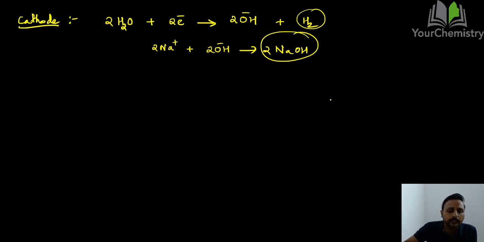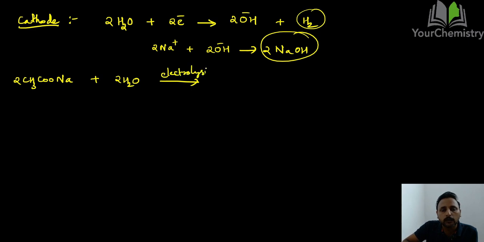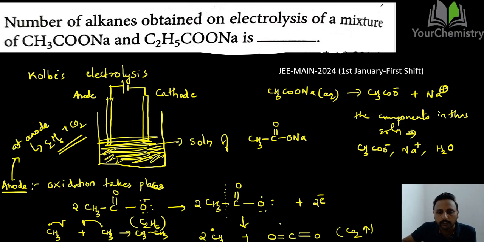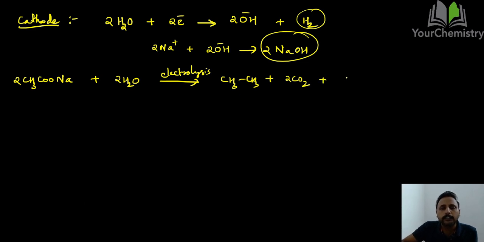If I summarize the reaction, 2 molecules of CH3COONa in the presence of water undergo electrolysis to give C2H6 plus 2 molecules of carbon dioxide, CO2, plus H2 plus 2 molecules of NaOH.